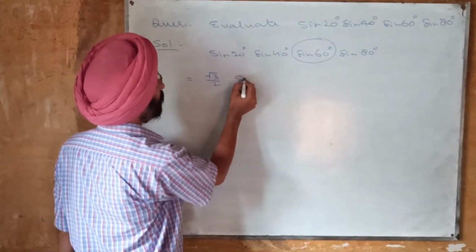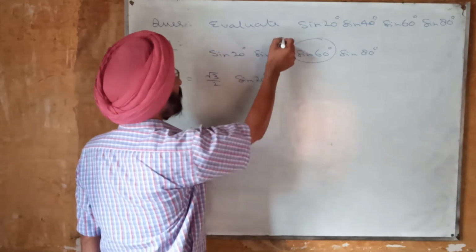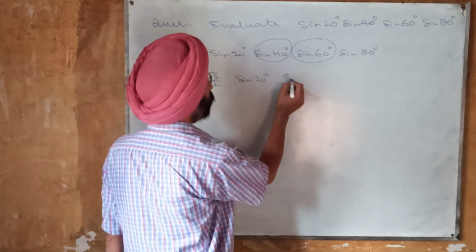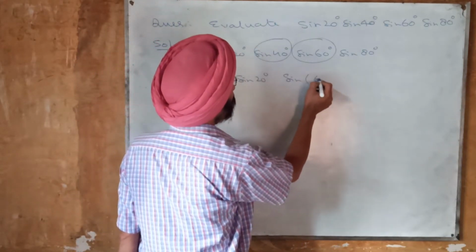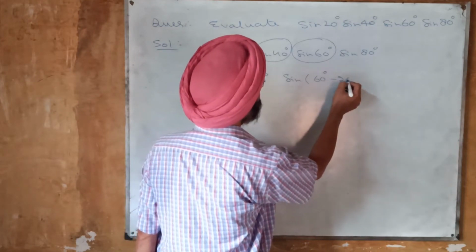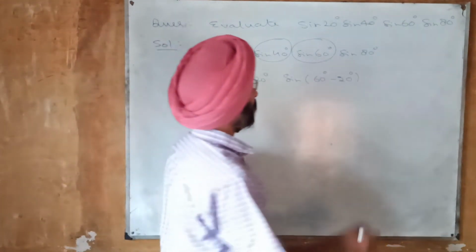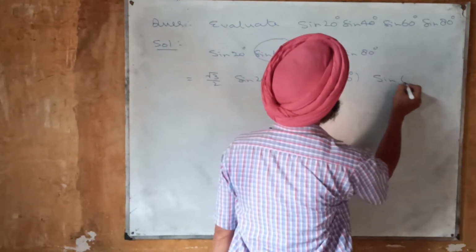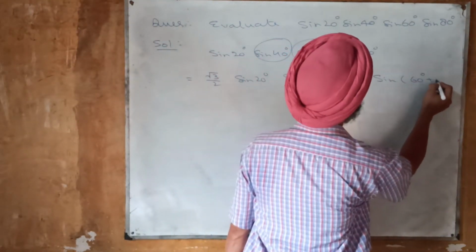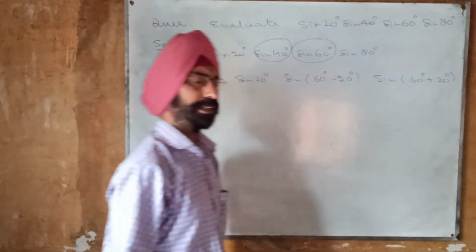So first of all substitute the value, root 3 by 2. Then this is your sine 20 degree. This sine 40 degree I am going to write as sine of 60 degree minus 20 degree. Then this sine 80 degree I am going to write as sine of 60 degree plus 20 degree.